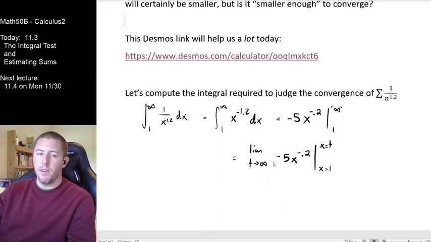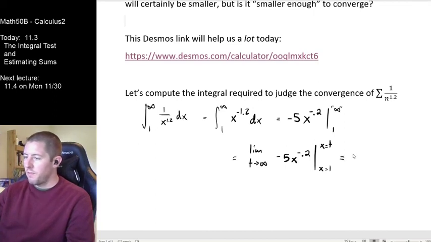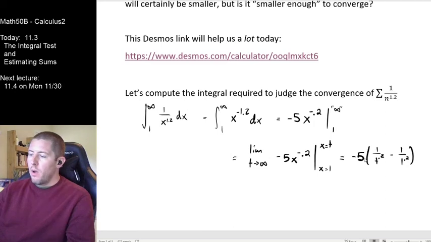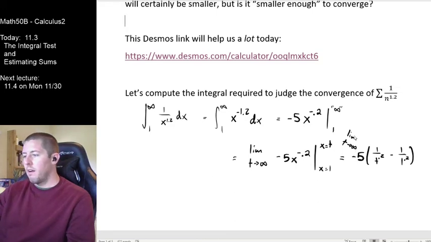This is just me more formally writing the limit statement, like I should if I'm being responsible. And so negative 5 is the coefficient on the outside. I'm getting 1 over t to the 0.2 minus 1 over 1 to the 0.2, right? That's x to the negative 0.2 right there. What I can see, oops, I forgot my limit statement right here: limit as t goes to infinity of this stuff right here. It looks like as t goes to infinity, this term is going to go to 0.